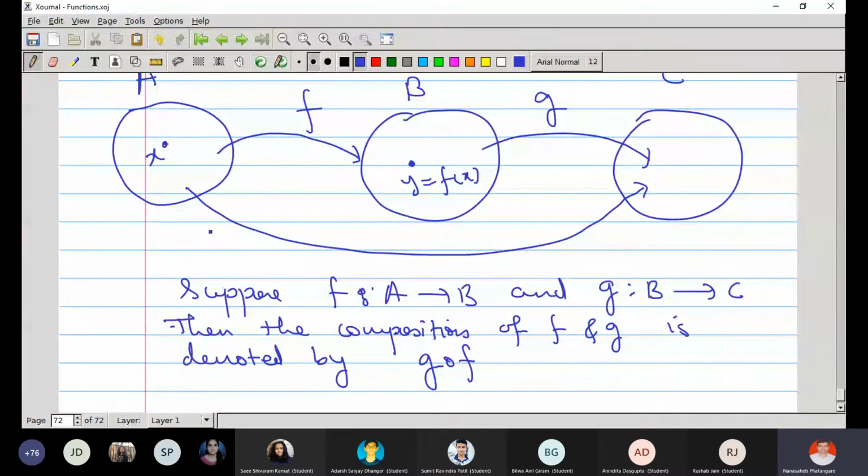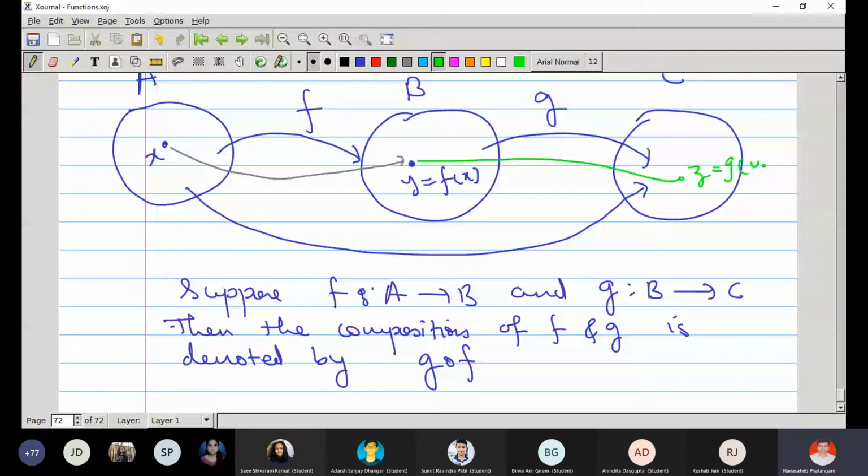We can apply g on every element in the domain of g, and B is the domain of g, so we can apply g on every element of B. So y is inside B, so we can apply g. If we apply f on x, it will give us element y, and if we apply g on y, we'll get some element z, which is g(y).